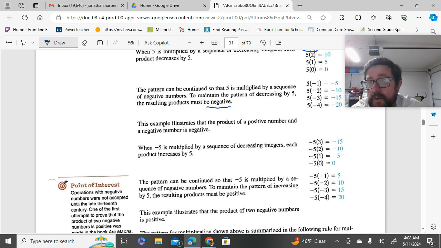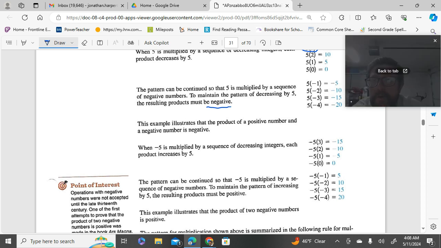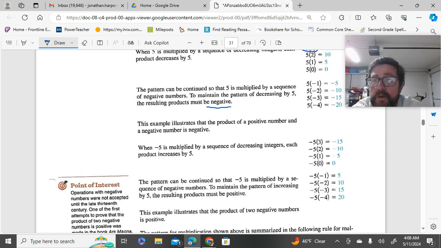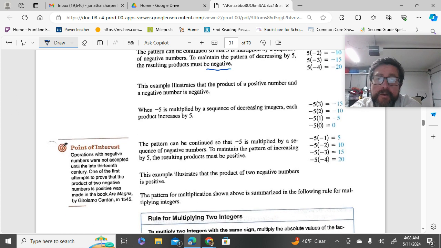So 5 times -1 is -5. 5 times -2 is -10. 5 times -3 is -15. 5 times -4 equals -20. This example illustrates that the product of a positive number and a negative number is negative.